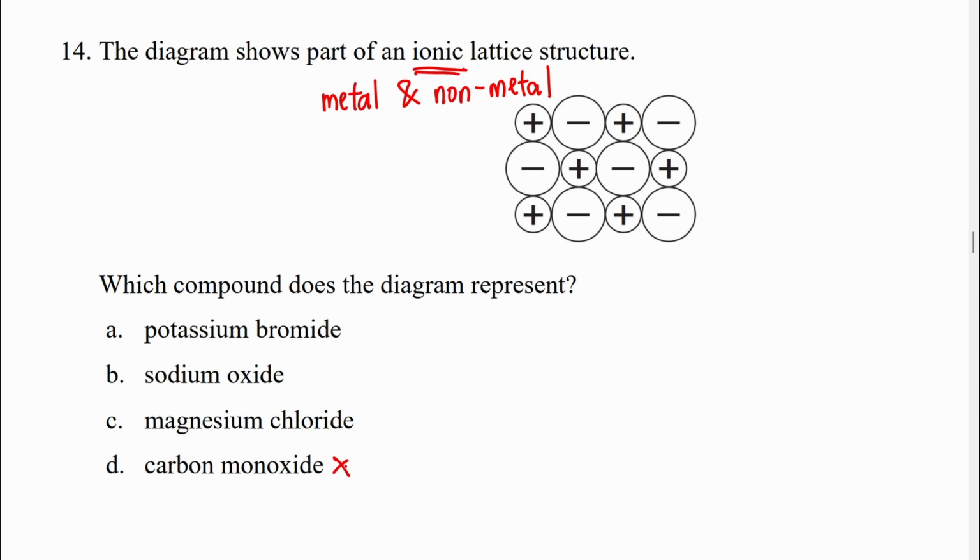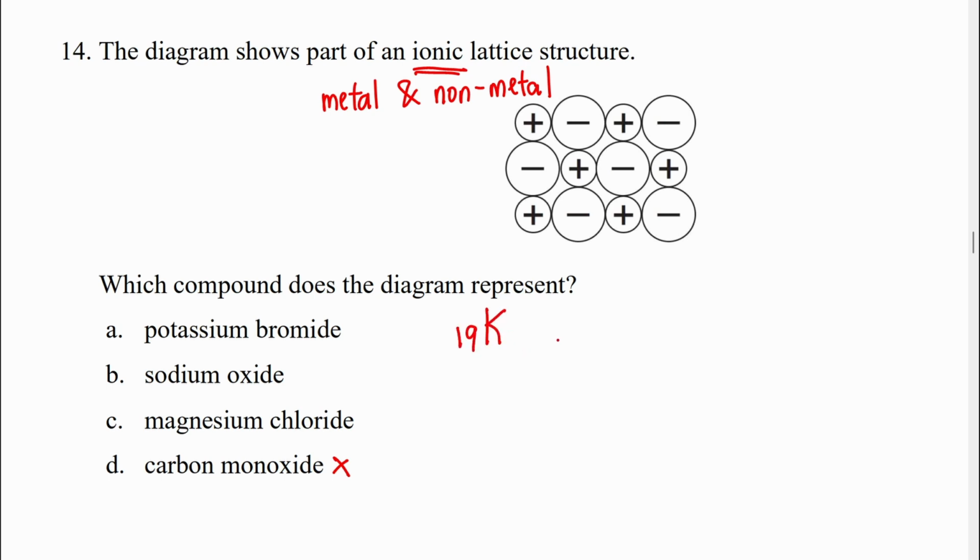Next, I will just lock my answer between A, B, or C. Look at this diagram. We know the positive ion here is smaller than the negative ion. So to answer this question, we have to know the proton number or the atomic number for each element. Potassium is 19, right? 19 potassium.